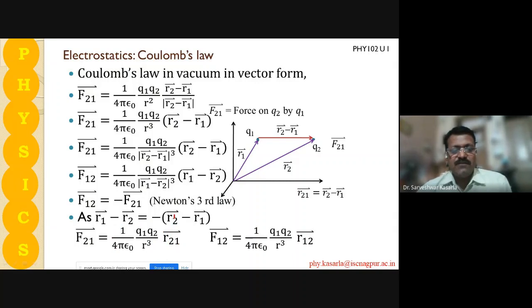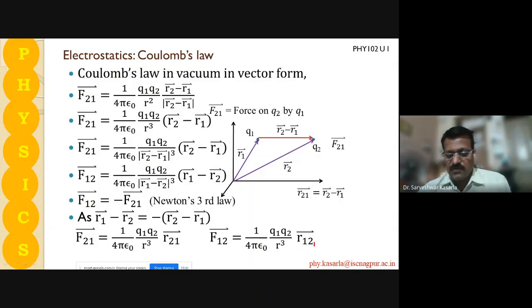In place of r2 minus r1, we have just written r21. Similarly, F12 will be equal to 1 upon 4 pi epsilon 0 q1 q2 upon r cube into r12.